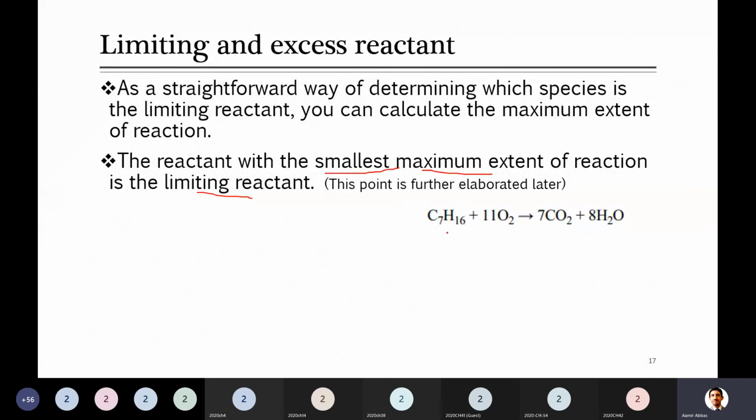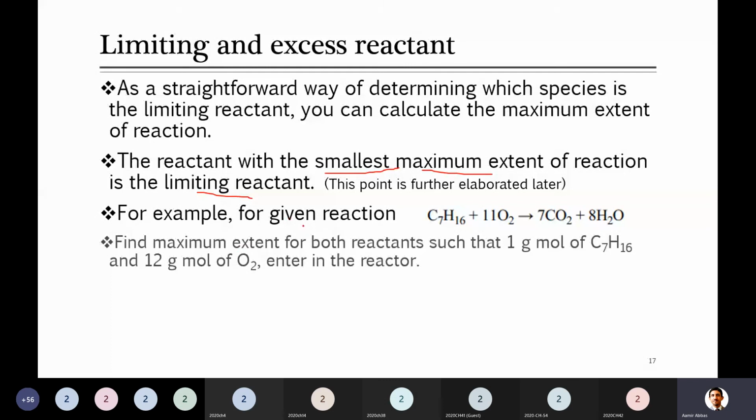So let's look at this reaction which is given here, C7H16 reacts with 11 moles of oxygen and produces CO2. This is the given balanced equation. In the question, you have to find the maximum extent for both reactants, because we have to decide which one is limiting.